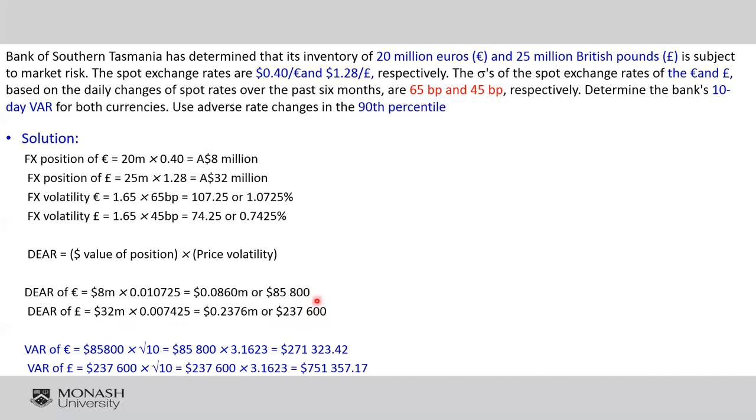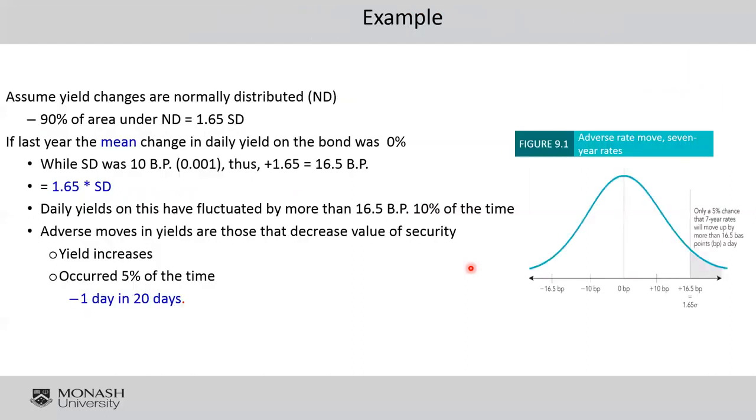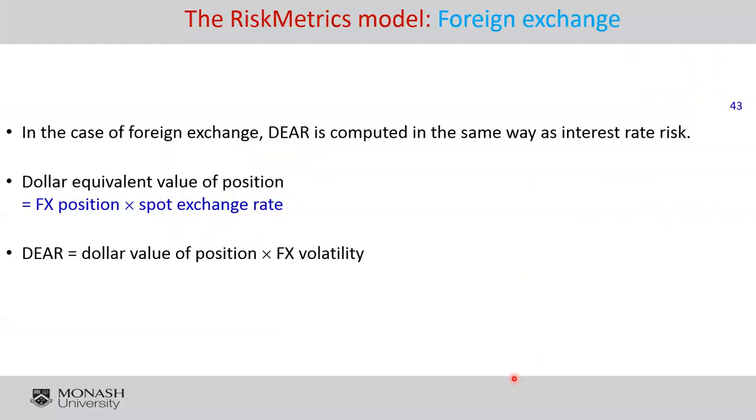So this is the DIR. This is in 1 day. According to this calculation and according to the change in the historical exchange rate, and the Z value under the 90%, we didn't do anything. We just calculate under the 90% how much the change will be, as I told you, in this area, under the 1.65.